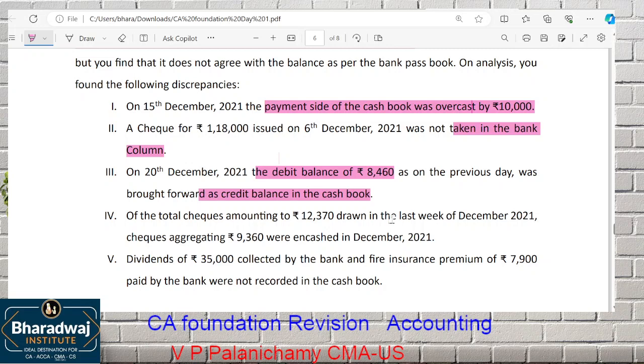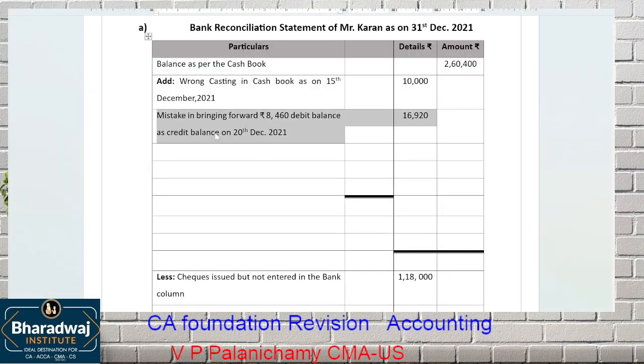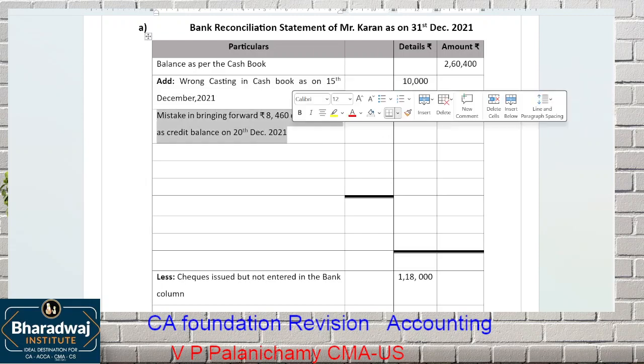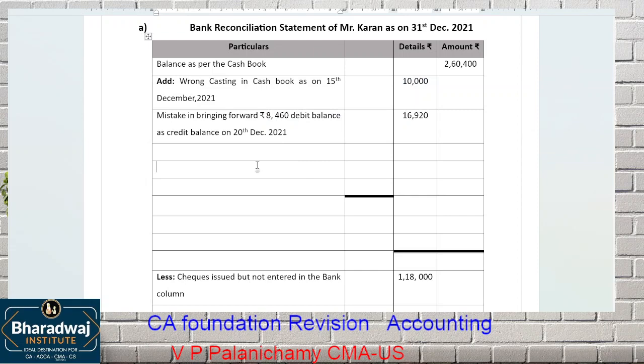Debit side is favorable, plus 8,460. But what have we done? Minus 8,460. To remove that minus and to get the plus 8,460, you have to add double the amount. How much? 16,920.